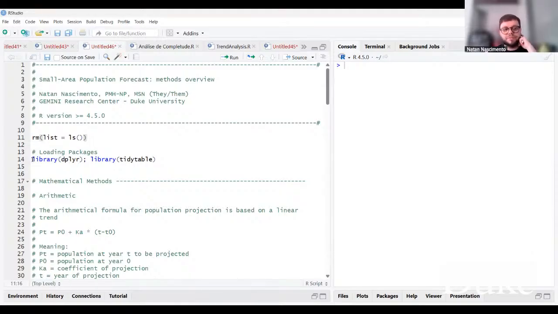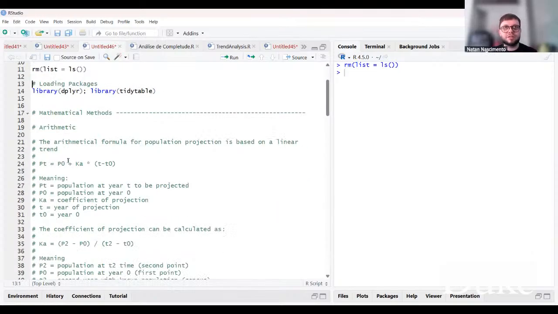This actual package we won't use. We can, of course, but we won't. The idea here is to just go through how it actually works. So we're going to start with the mathematical methods and with the arithmetic. I put the white background here because I think it's easier to see. But if it's too small, just let me know and I can zoom in a little bit.